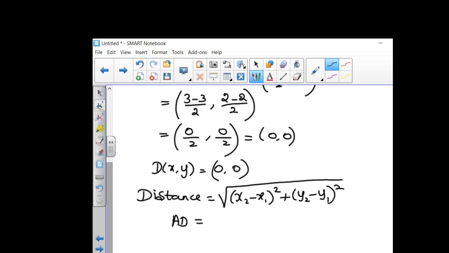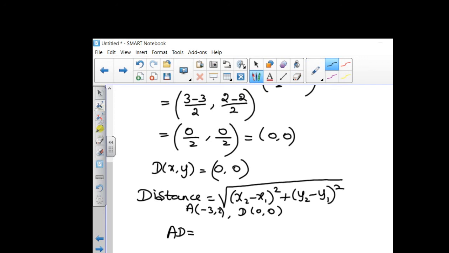Okay. So A point is minus 3 comma 2. Then D point is 0 comma 0. Okay. So you can take it as x1 y1 and x2 y2.